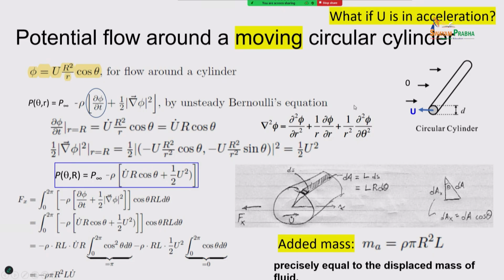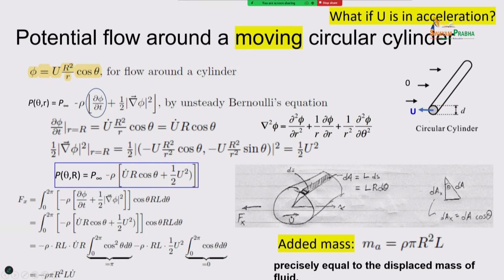This is an important concept, right? You put a buoy in the water and the buoy will move. The water surrounding that buoy has acceleration and deceleration, and there will be a mass effect. Mass is the force related to acceleration, right? If you move at constant velocity, you wouldn't feel the force.